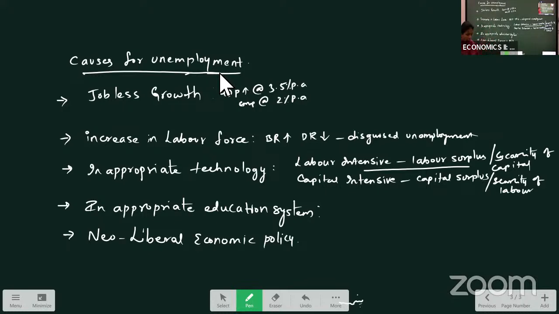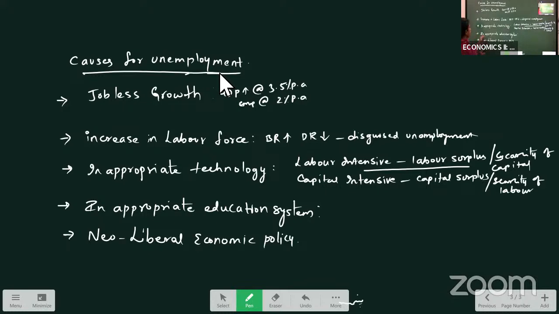In India, after 1950, we entered the second stage of demographic transition, where death rates are declining and birth rates are increasing. As the birth rates are increasing, population is increasing. In our country, we have failed to create employment opportunities for the increased population, which resulted in disguised unemployment.